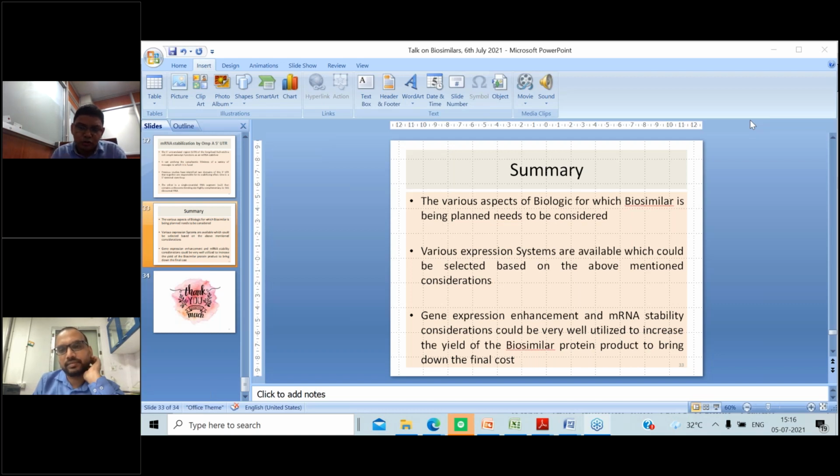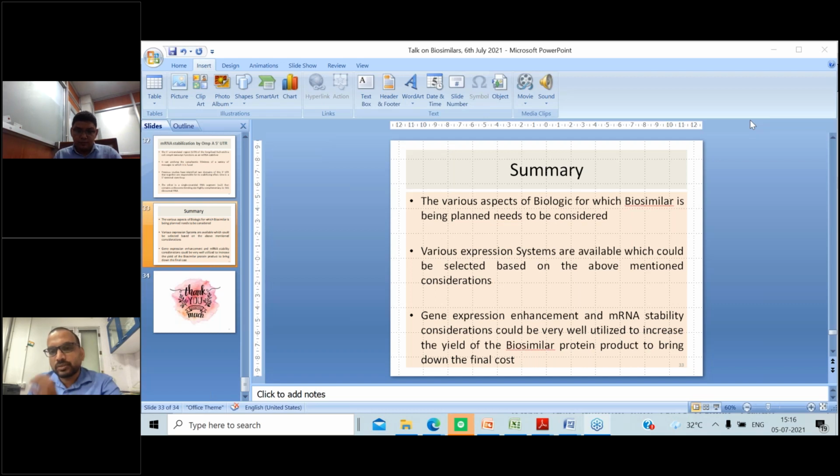Not only monoclonal antibodies, any enzyme, any therapeutic protein like insulin, growth factors, they all are biologics. When the patent expires, as an entrepreneur, you can think of producing biosimilars, definitely.